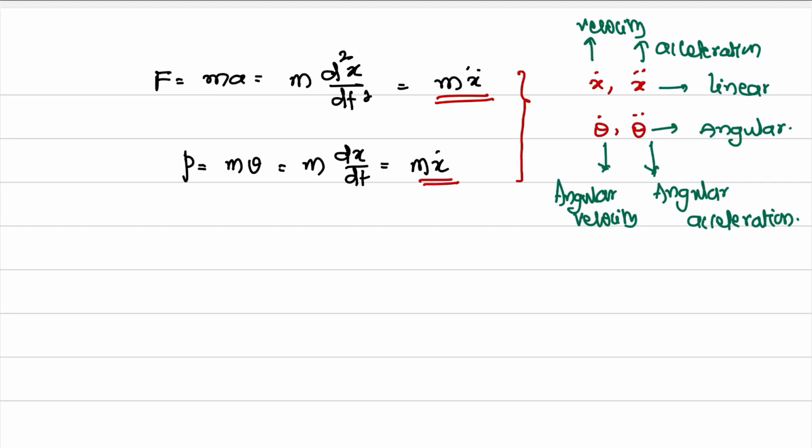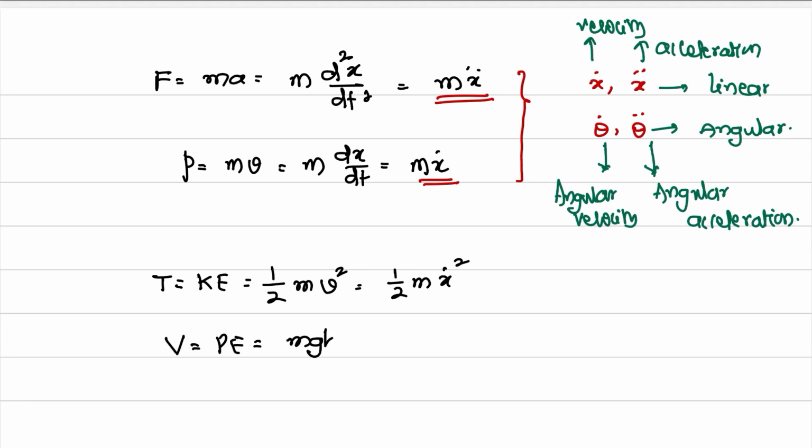Now, what is T then? T is equal to kinetic energy. What is kinetic energy? Half m v square, you know it. Instead of writing half m v square, can I write it this way? Half m x dot square. What is the potential energy? mgh.